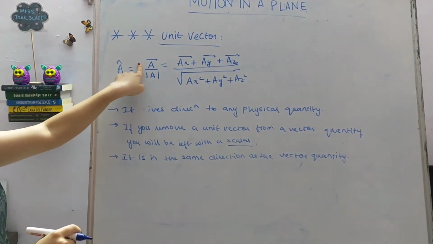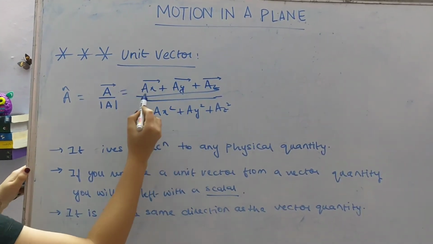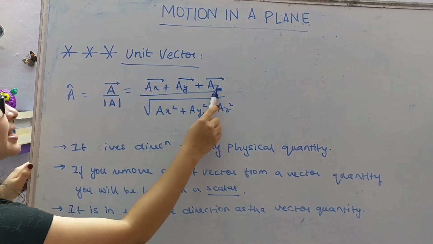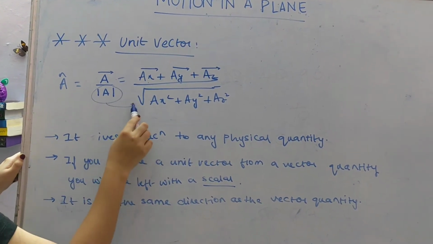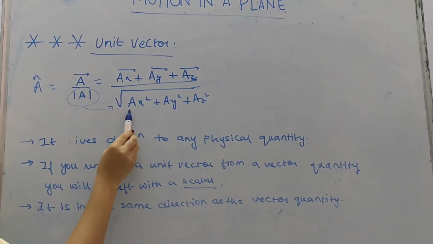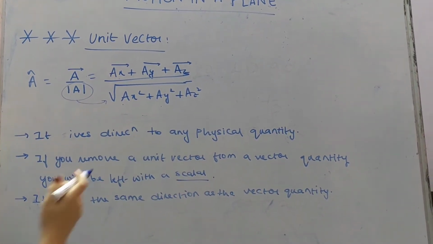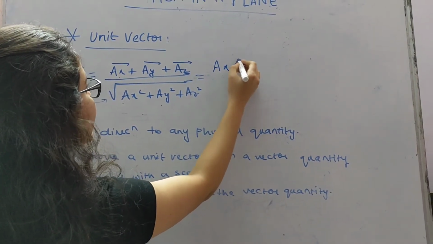So here the vector quantity is given by the sum of the x component, y component and z component, and then the magnitude of the vector is given by the square root of x component squared plus y component squared plus z component squared. That means I can write it as Ax into i cap.